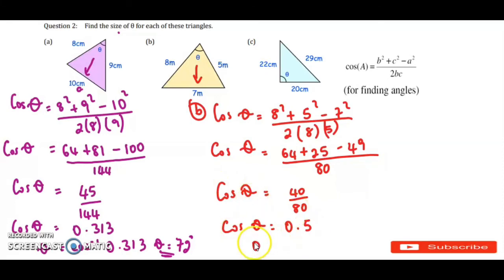On the calculator, you're going to have theta is equal to cos inverse 0.5, and theta is equal to 60 degrees. So your answer for B is 60 degrees.